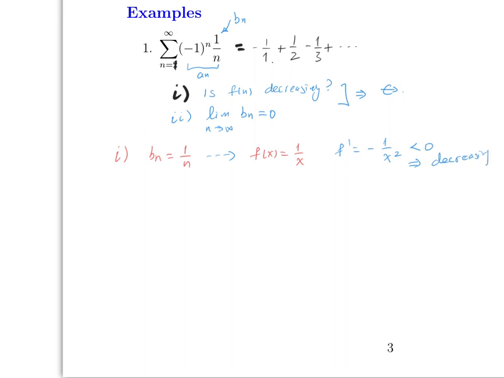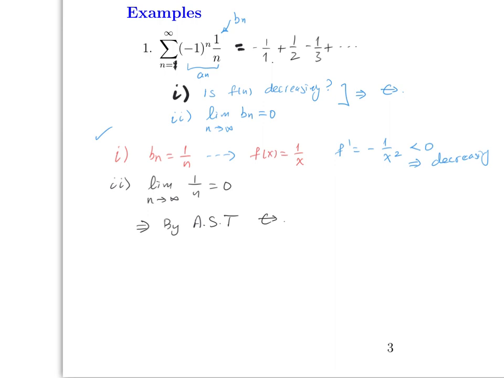So the first part checks. For the second one, notice that the limit as n goes to infinity of 1 over n is clearly equal to 0. So by the alternating series test, this is convergent.